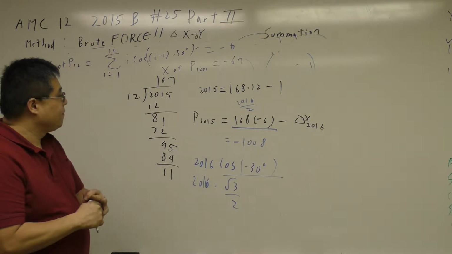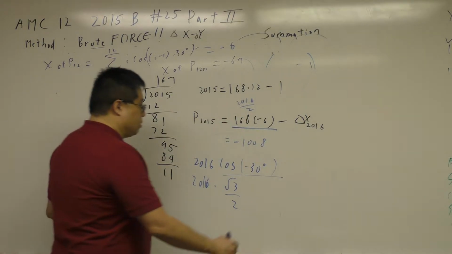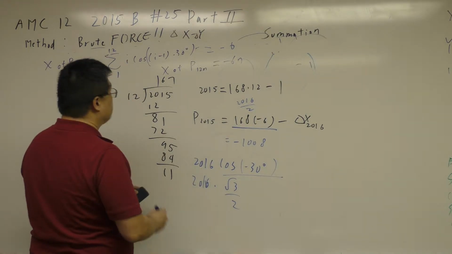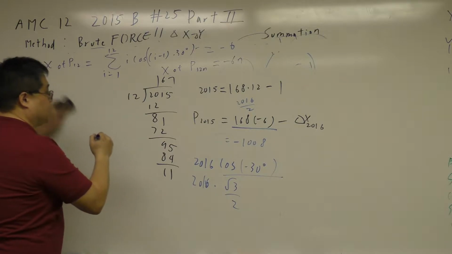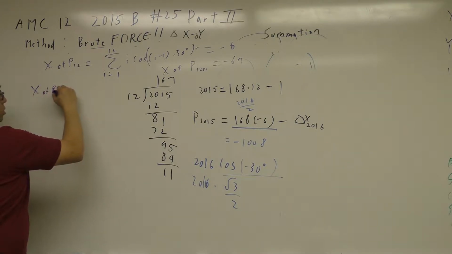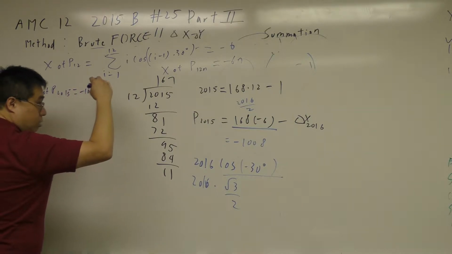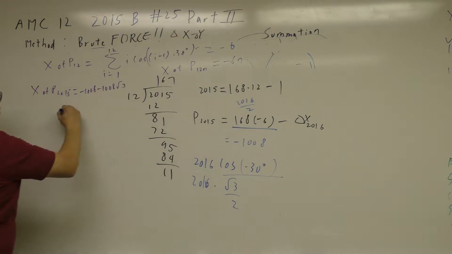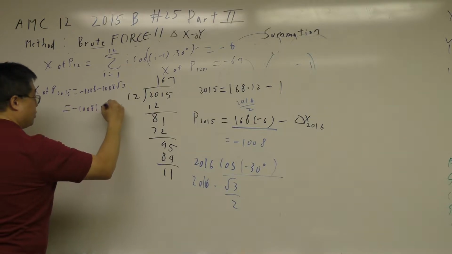So we need to subtract this much from what we have here. Our x coordinate of P2015 would be negative 1008 minus 1008 square root 3, or minus 1008 times (1 plus square root 3).